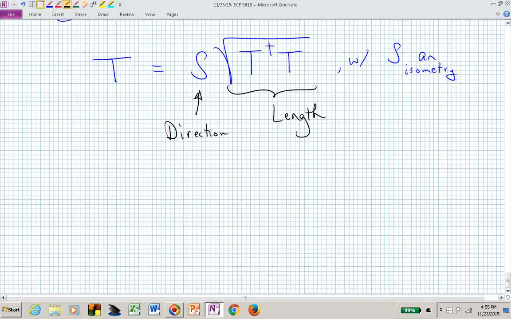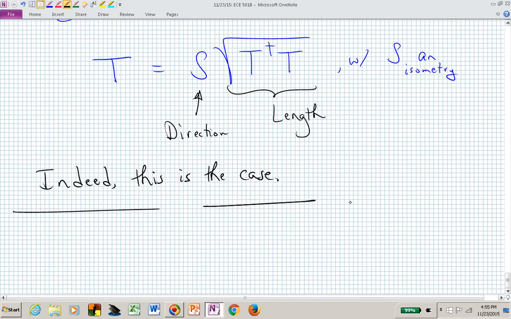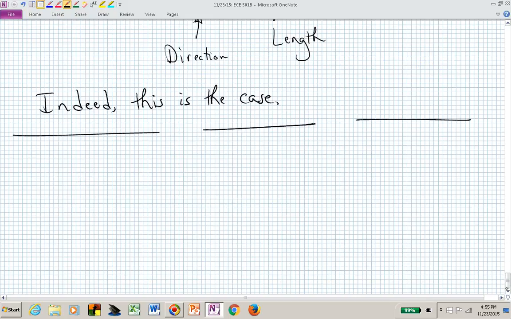So indeed, this factorization works. And that is expressed in terms of Theorem 41. And that's the polar decomposition.